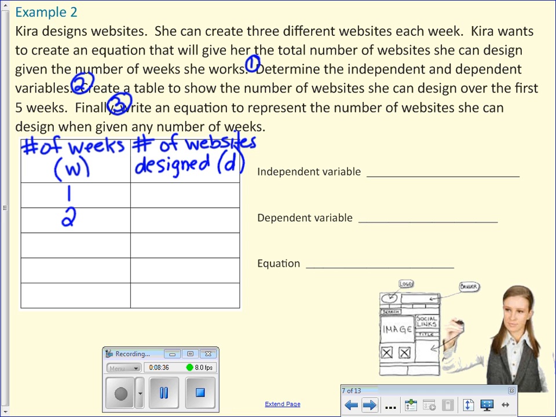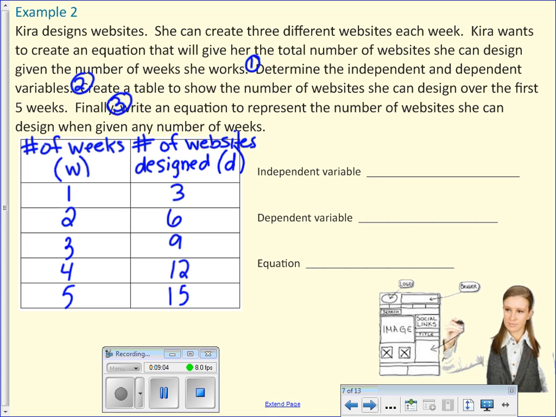So I can label my first 5 weeks. If she worked 1 week, then how many websites did she design? If she worked 2 weeks, how many designs? If she worked 3 weeks, 4 weeks, 5 weeks, then 15.